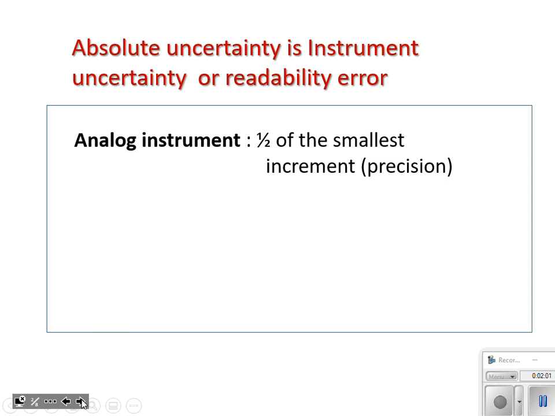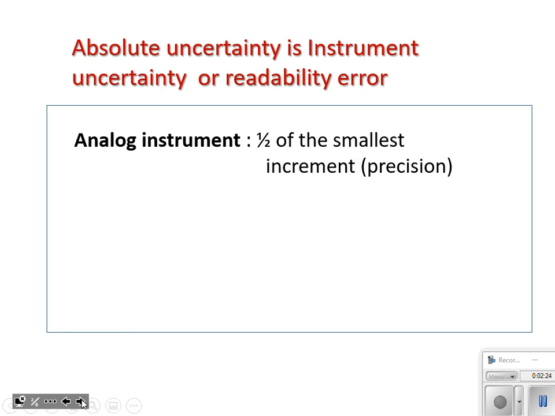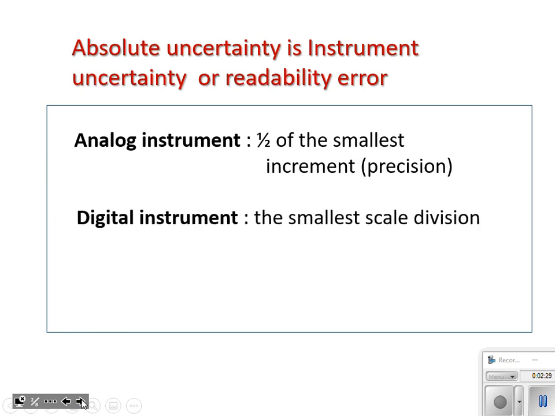Now, if we are dealing with an analog instrument, we take 1/2 of the smallest increment. Just remember that 1/2, because I'll show you how we're going to do that in a second. If we have a digital instrument, we look at the smallest scale division.